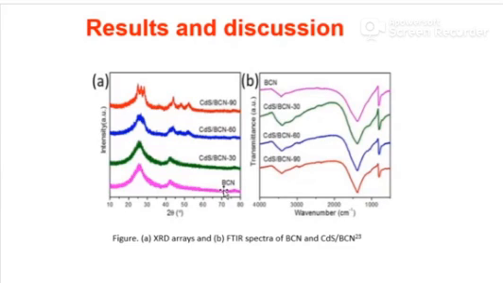Though the peak position is not shifted, you can see that the intensity is shrunk marginally, exhibiting the basic graphite structure of the BCN and the fabricated composite product CdS/BCN.